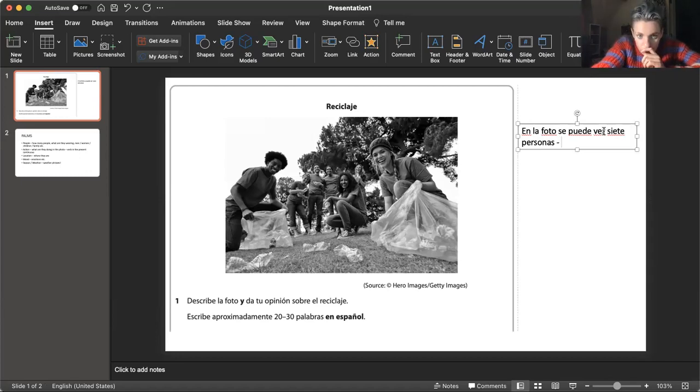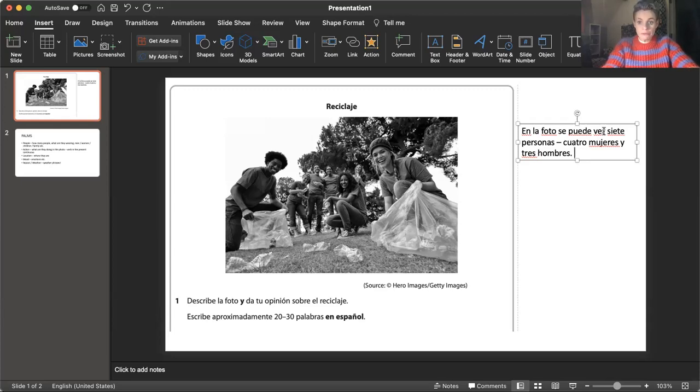We've got 4 mujeres y 3 hombres. So already for this part of the question, for the description, we only need 20 to 30 words, and we've already got 13 words, if all we've done is say there are 7 people, 4 women and 3 men.